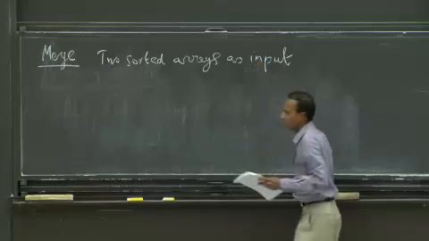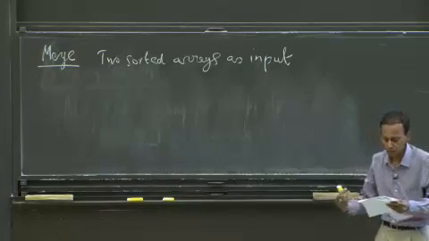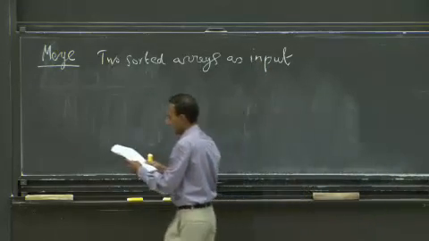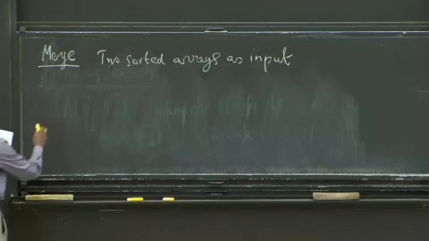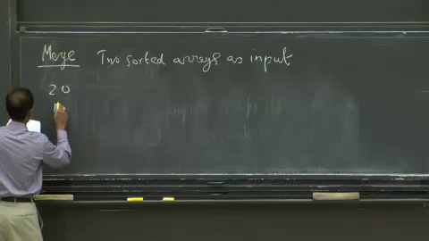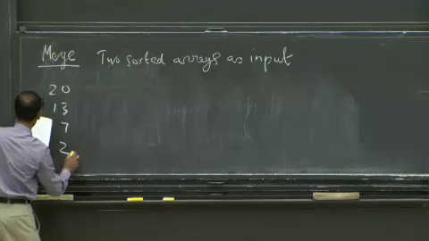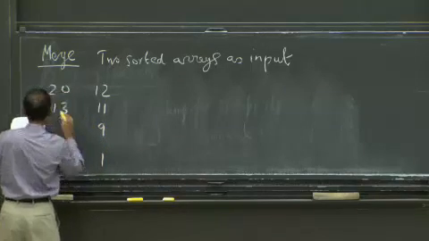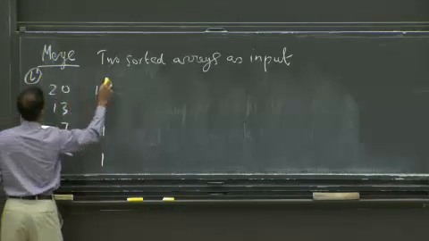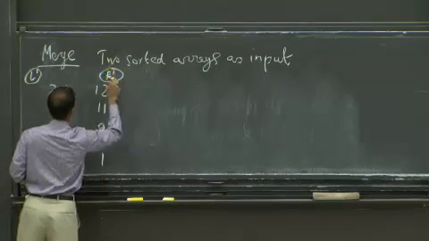That's the invariant for the merge routine. It assumes the inputs are sorted, L and R, actually I should say L prime and R prime. So let's say you have 20, 13, 7, and 2. You have 12, 11, 9, and 1. And this could be L prime, and this could be R prime.